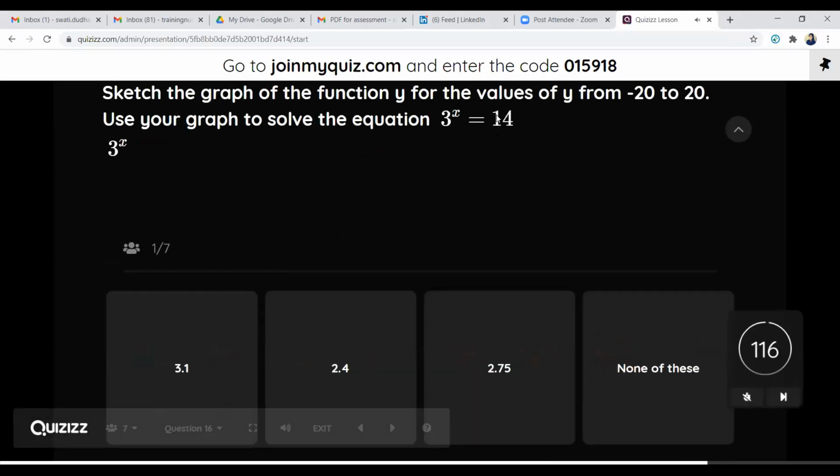Alright, sketch the graph of this equation and find the value of x.